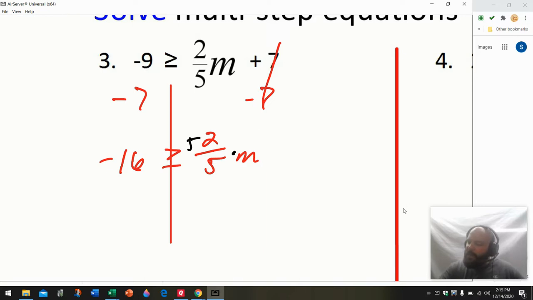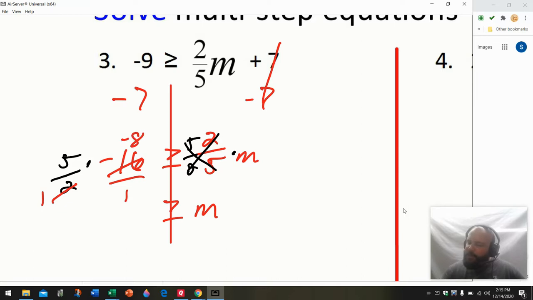We're going to multiply this side by 5/2, and then we're going to multiply this side by 5/2. These cancel, and I'm left with m on this side. And over here, I need to make this negative 16/1. And then I'm going to reduce the 2 and the 16. They each get divided by 2. And so I have 5 times negative 8, which is negative 40. And 1 times 1 is 1, so we don't need to worry about the bottom. So there, we have negative 40 is greater than or equal to m.